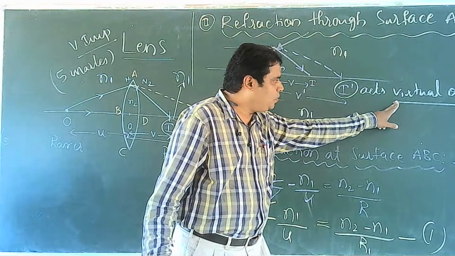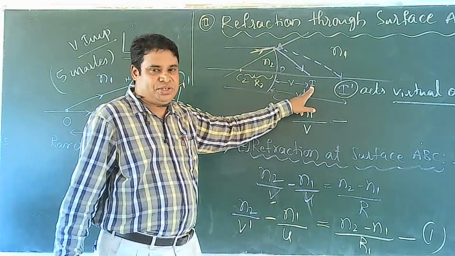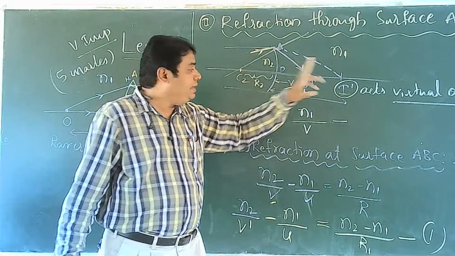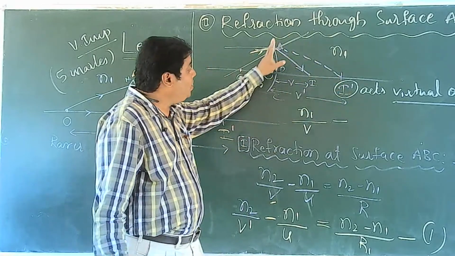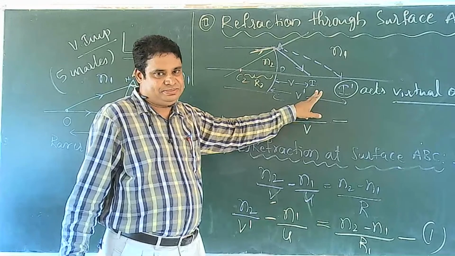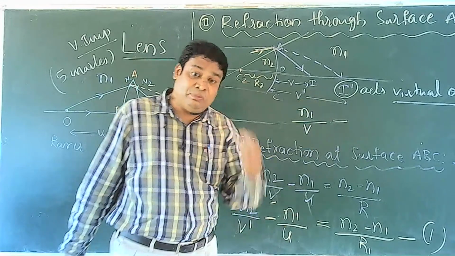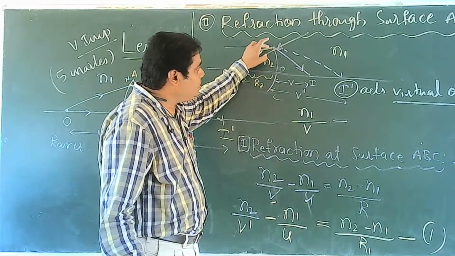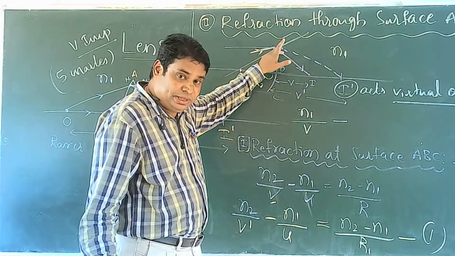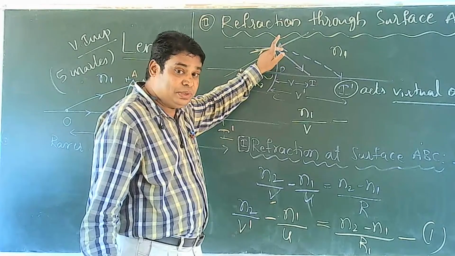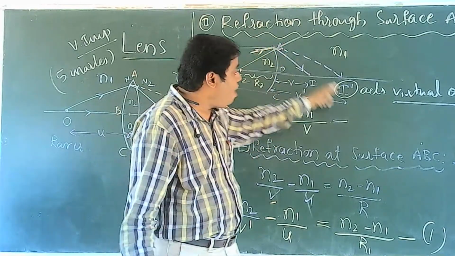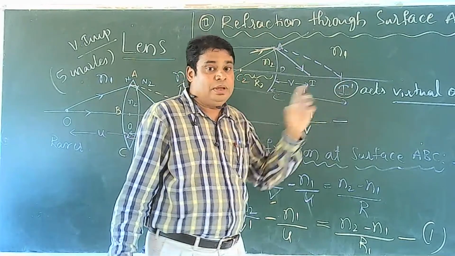Due to this virtual object only, we get this final image. We have to imagine that. Where is this virtual object formed? Actually, this virtual object is formed inside the lens only. In the absence of the second surface, it would have formed here.